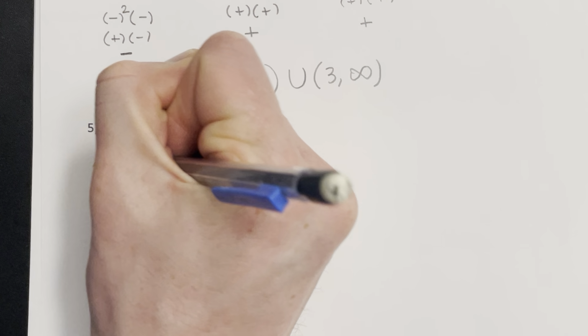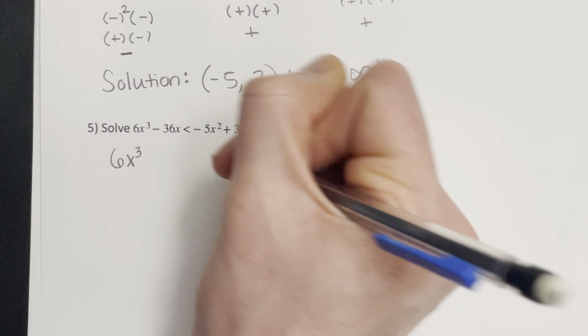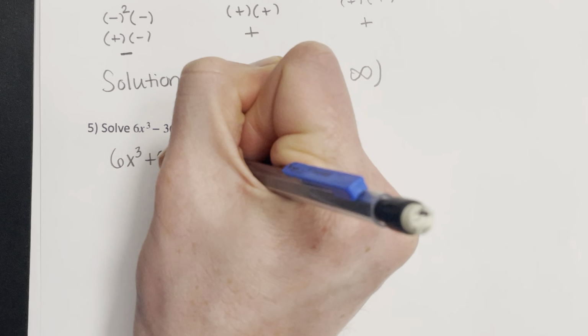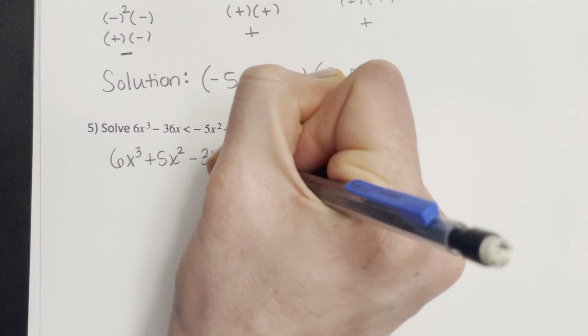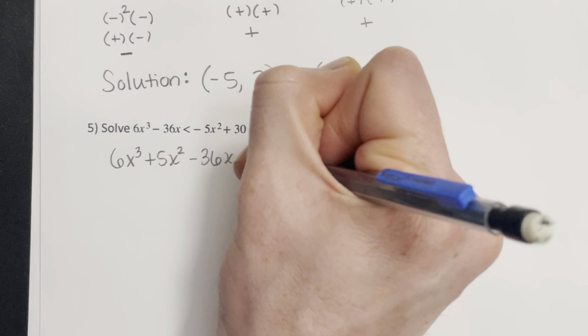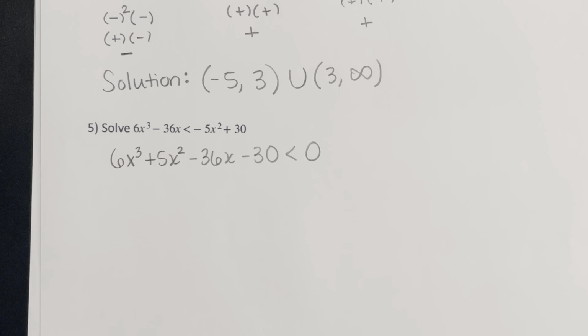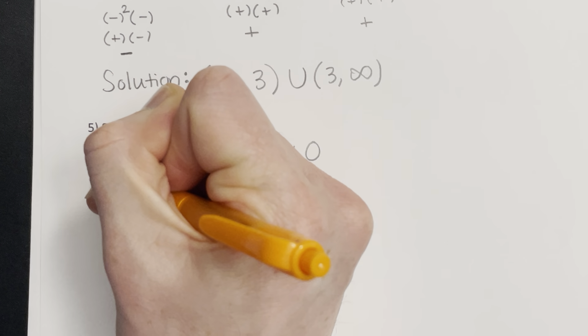I'm going to take this 6x cubed and add 5x squared over, so plus 5x squared, minus 36x, and then subtract your 30 over, and now it's less than 0. Everything is technically in standard form now, and I can factor, hopefully by grouping, because there are 4 terms.